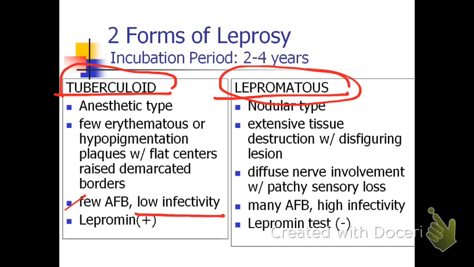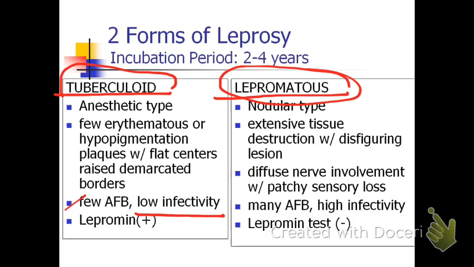On the other hand, the nodular type would have extensive tissue destruction with disfiguring lesions. That's the reason why if you have the lepromatous form of leprosy, you have to place patches on the lesion, wear rubber shoes, and apply bandages, because there's a chance that the skin, or let's say if the ear is infected, could be detached from the body.